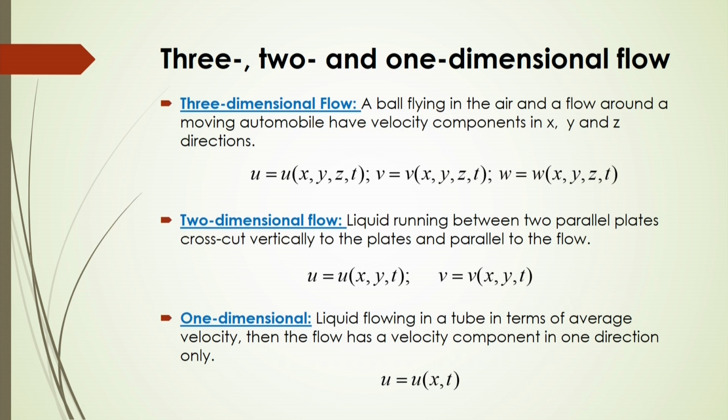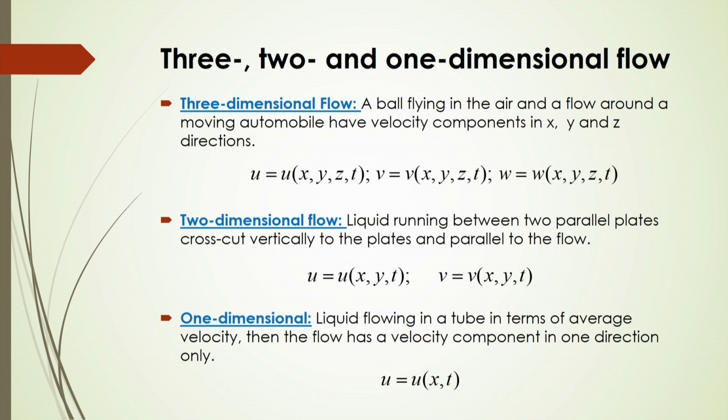velocity is the average velocity, you will see that there is no variation of the velocity in the y and z directions except the x direction. So, in that case the flow velocity component in 1 direction is represented only in the x, y or z direction, either one.